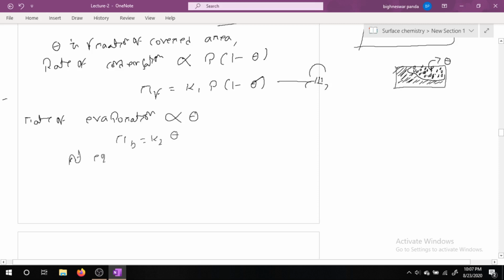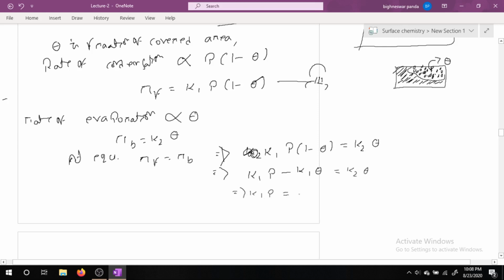At equilibrium, RF is equal to RB, or K1 P into 1 minus theta is equal to K2 theta. K1 P minus K1 P theta equals K2 theta.